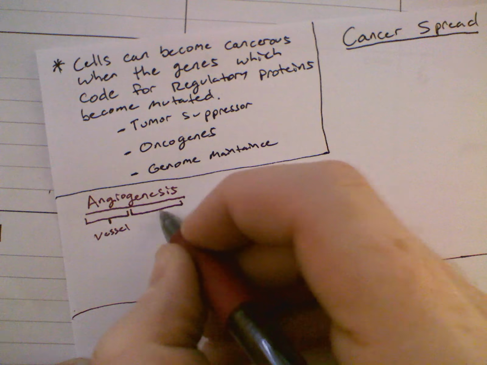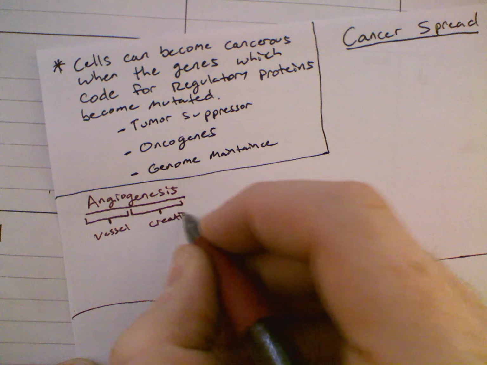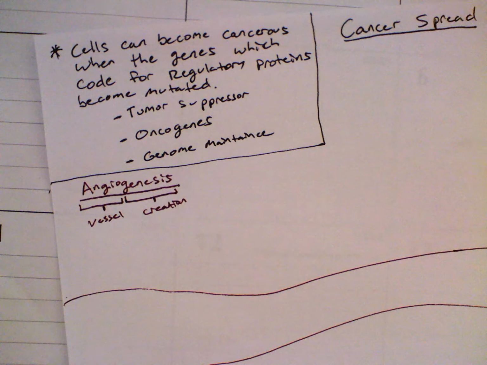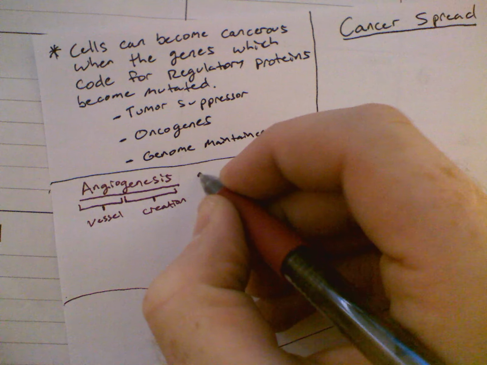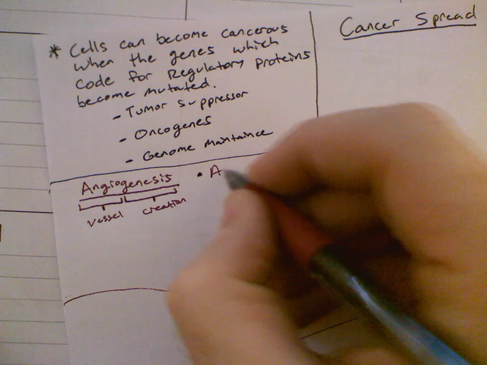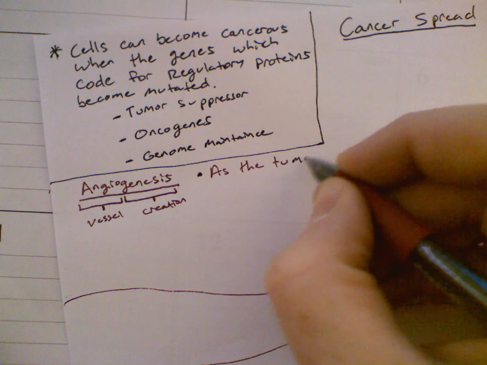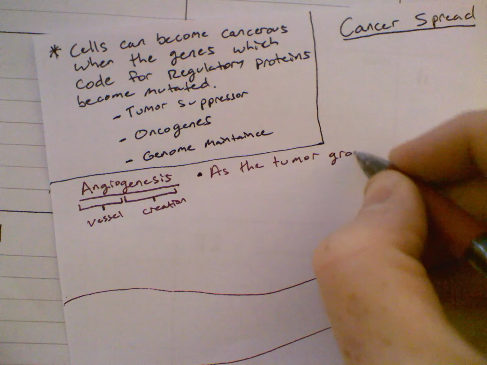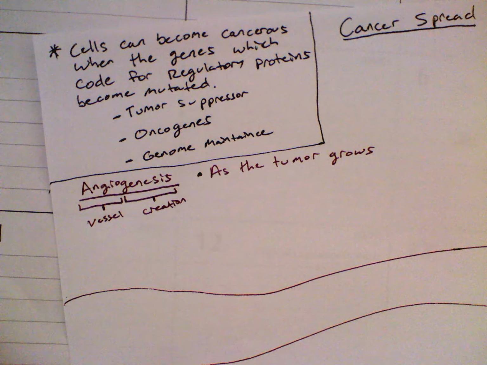Genesis means creation. So this literally means vessel creation. And what we end up seeing are a couple main points. So as the tumor grows, the cells require more nutrients.